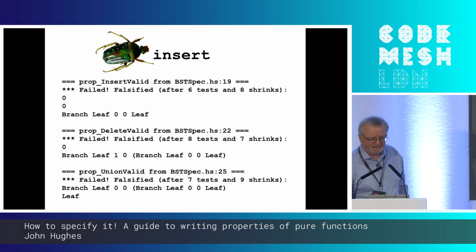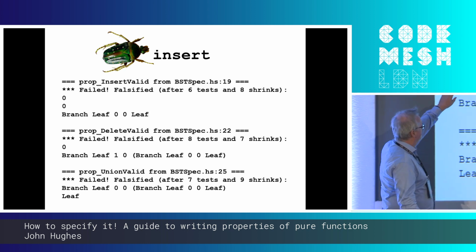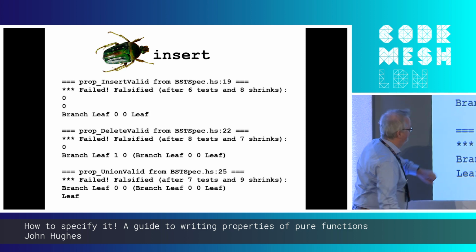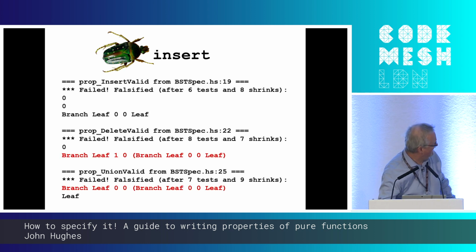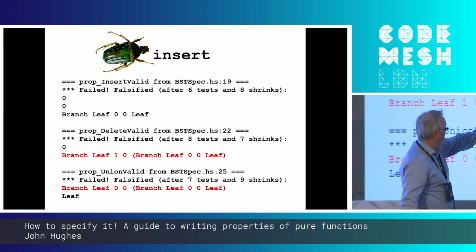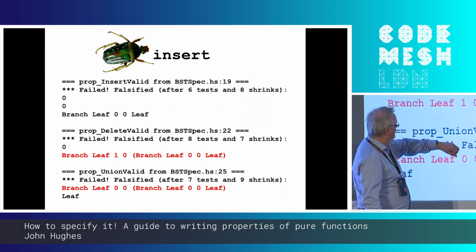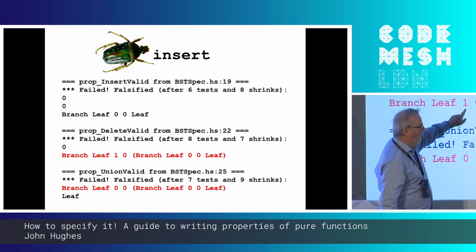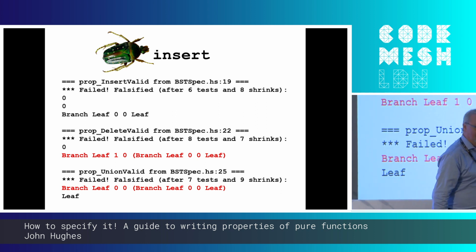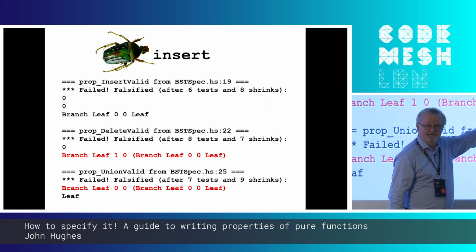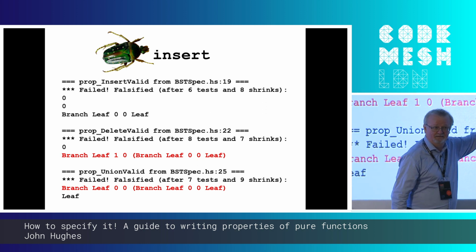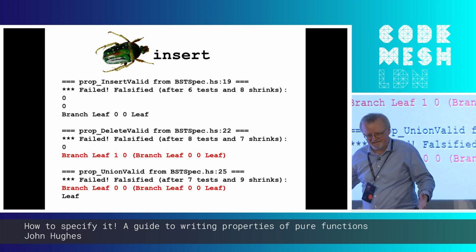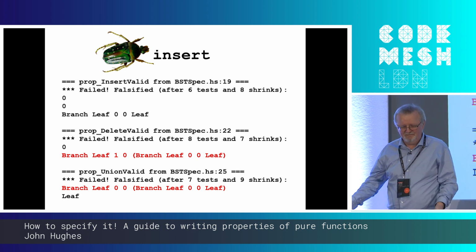Well, if you look at them, you can see QuickCheck shows us on what arguments delete and union fail. And if you look at this input to delete, you can see it's got a key 1 to the left of a key 0. The input is invalid. So of course, delete returned an invalid output.